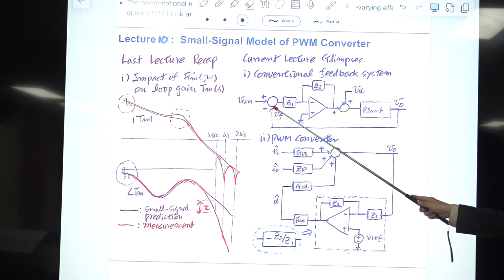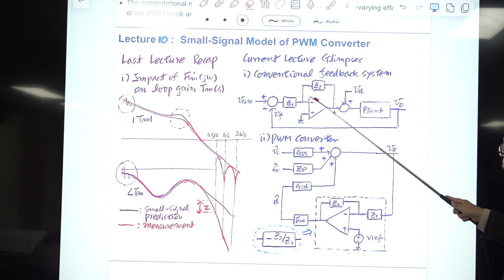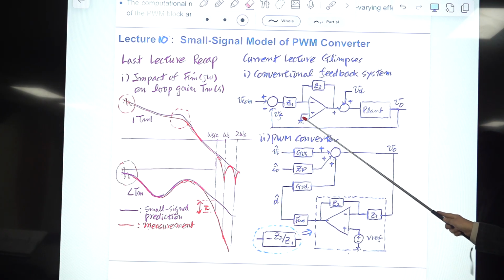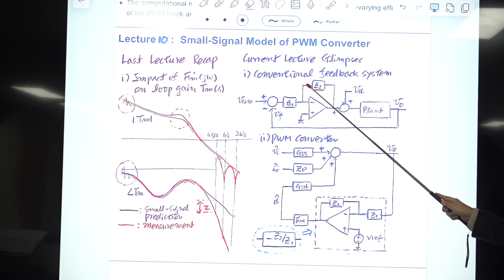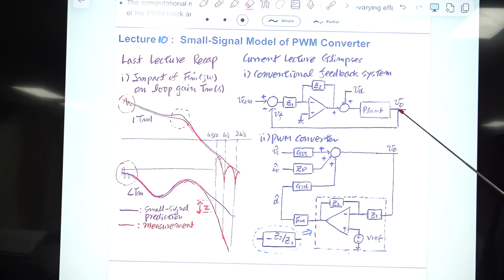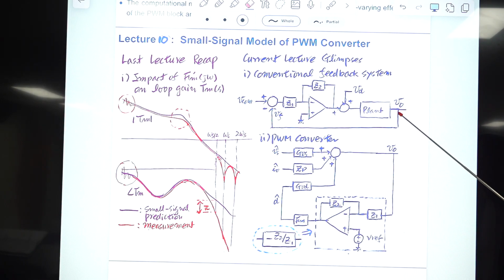So this is the command, and you have the compensation here, G2 is here, and G1 is here. This is an inverting amplifier, and the magnitude ratio evaluated at DC becomes infinity. This output will be regulated at exactly this value, because this is a unity feedback system.